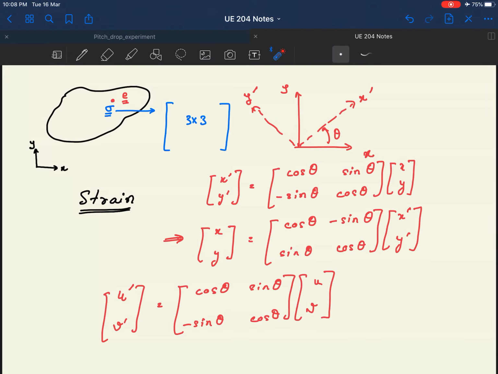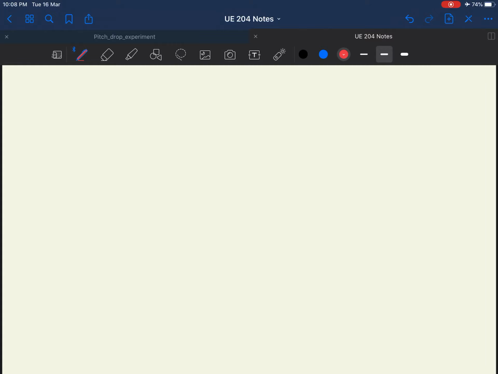What we are trying to find out is the relationship between epsilon xx dash and epsilon xx. From our formula we know that epsilon xx was del u by del x, and hence similarly epsilon xx dash will be del u dash by del x dash.